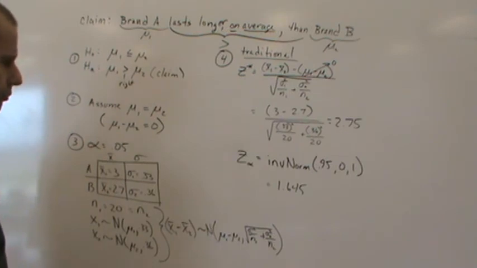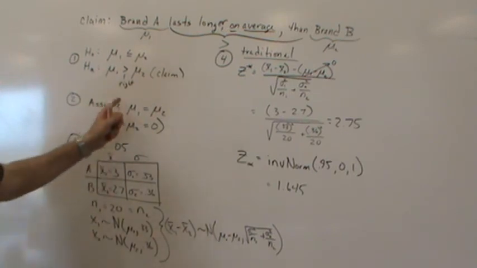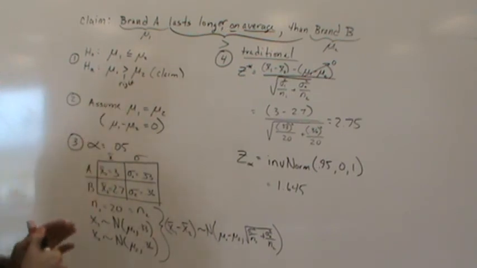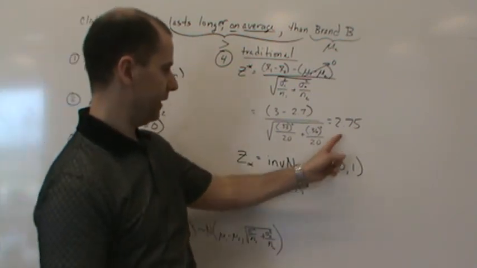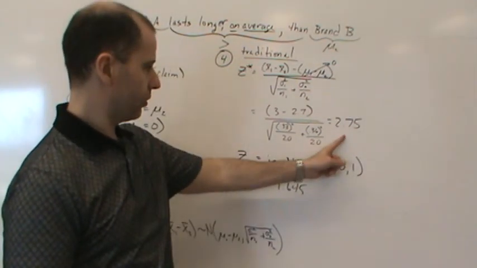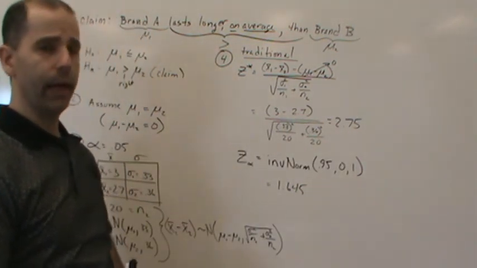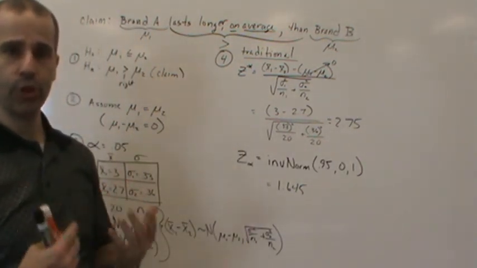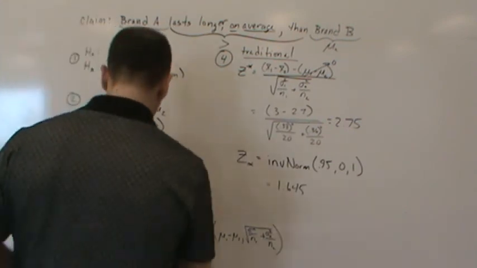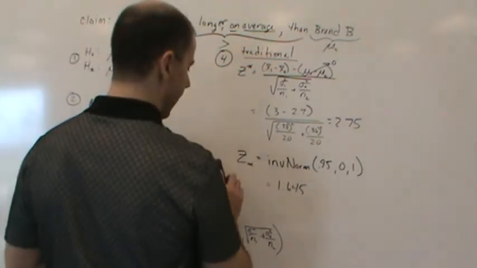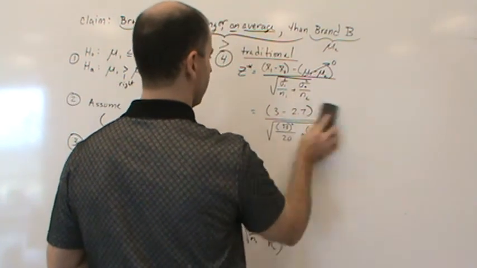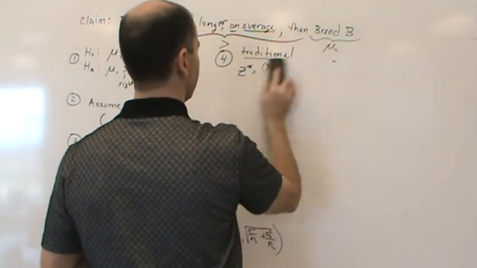So now, because it's a right-tailed test, I'm going to reject the null if my test statistic is greater than or equal to my critical value. And in this case, it is. So my test statistic is greater than my critical value, and therefore I reject the null hypothesis. So let me state this.